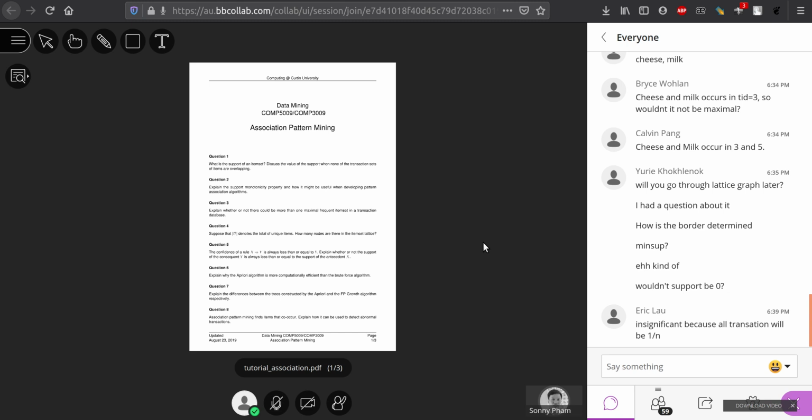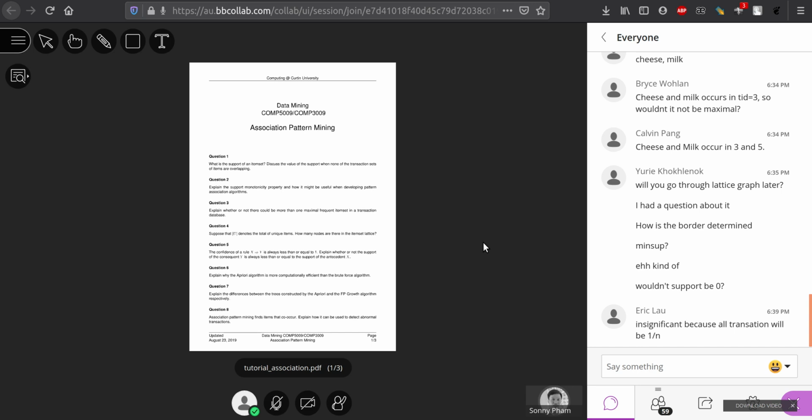This question is very general, right? It just says discuss the value of the support. It doesn't specify the support of what, so you have to cover all possibilities. That's what I want to emphasize here. If you pick from all items in a supermarket, you can pick combinations of items and have an item set, and you have to work out the support of that item set.